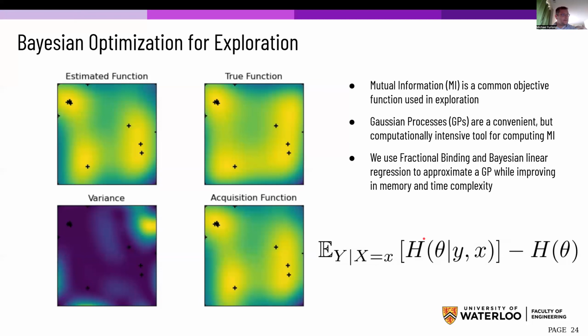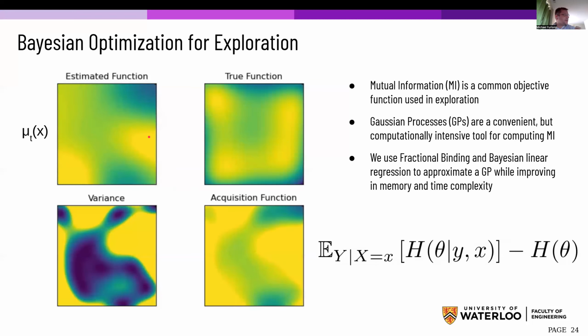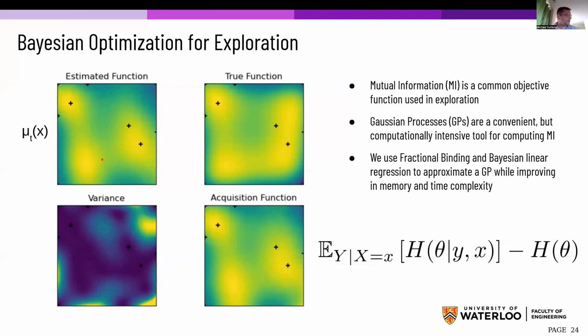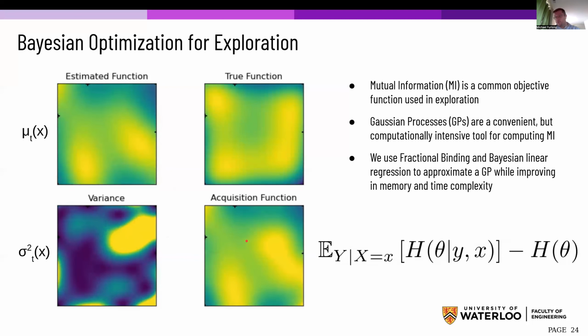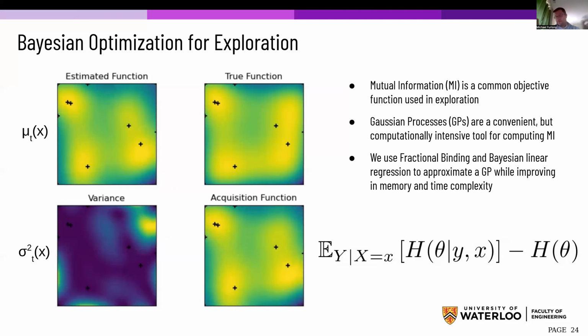And the way you can do that is you have some estimate of the mean value of the function for every point in space, and then you have some measure of uncertainty in what you're predicting for the function value at all these points, and you combine them together to give you an acquisition function, and then at every point you take a sample that maximizes the acquisition function, or as best as you're able.